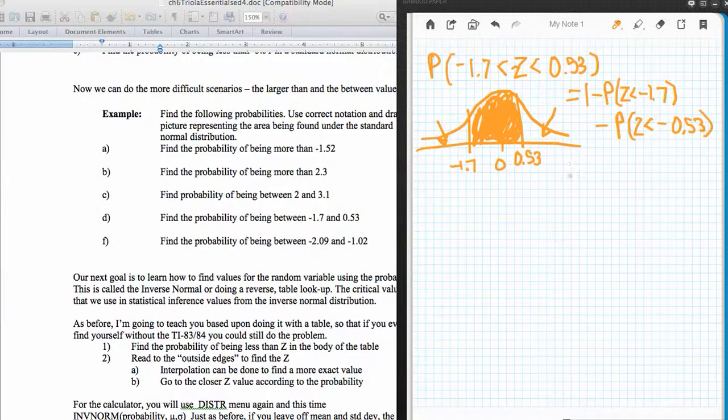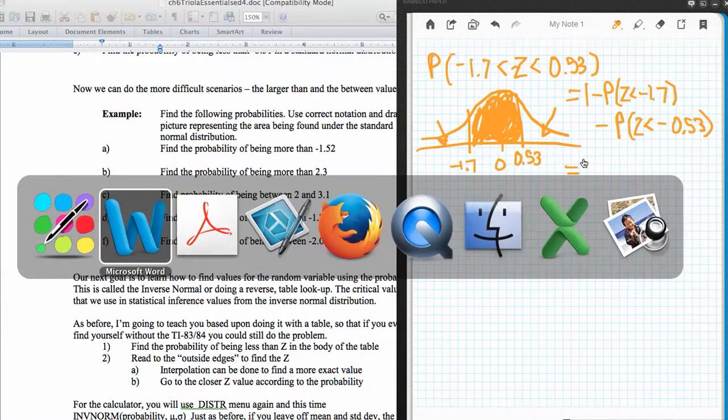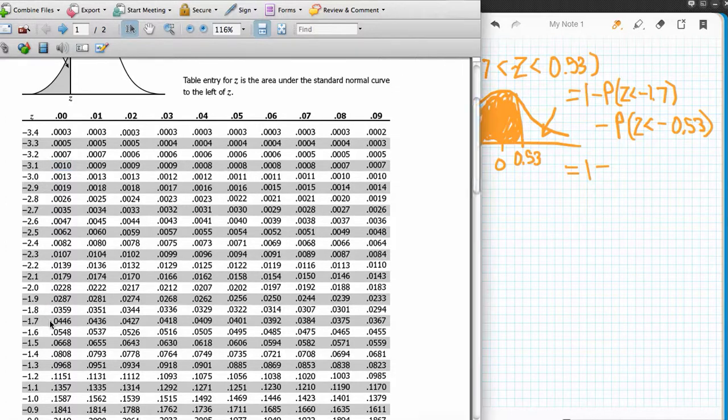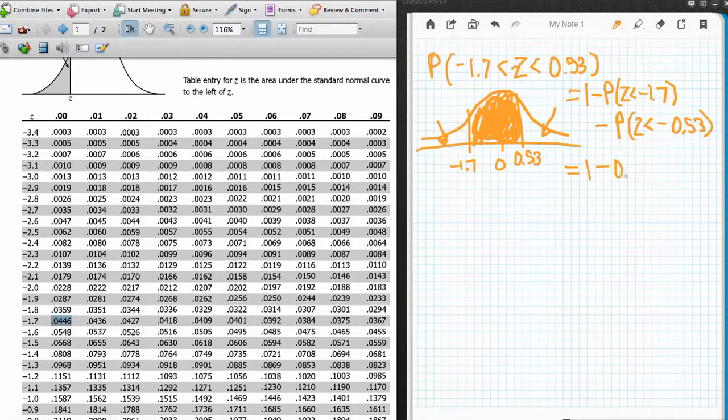So this looks like 1 minus, and negative 1.7, or 1.7, the probability is 0.0446, 0, 4, 4, and 6.